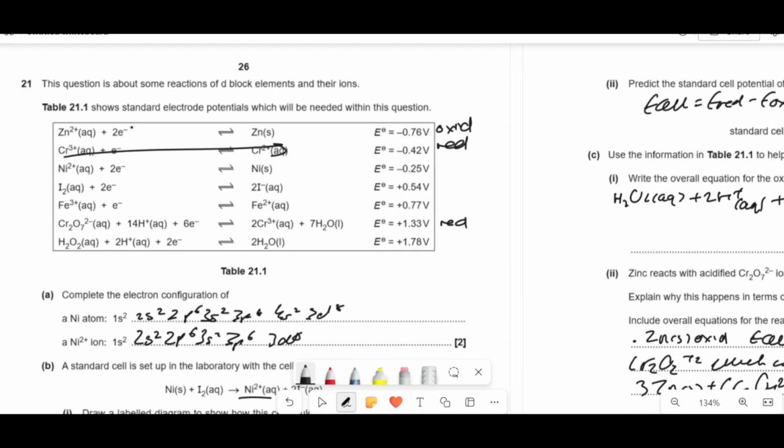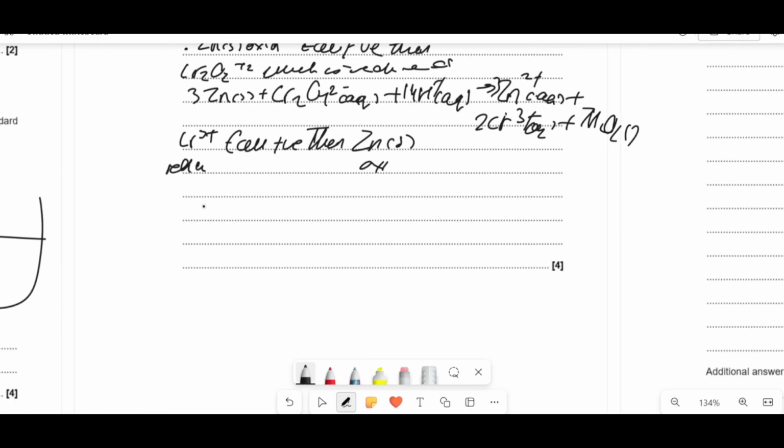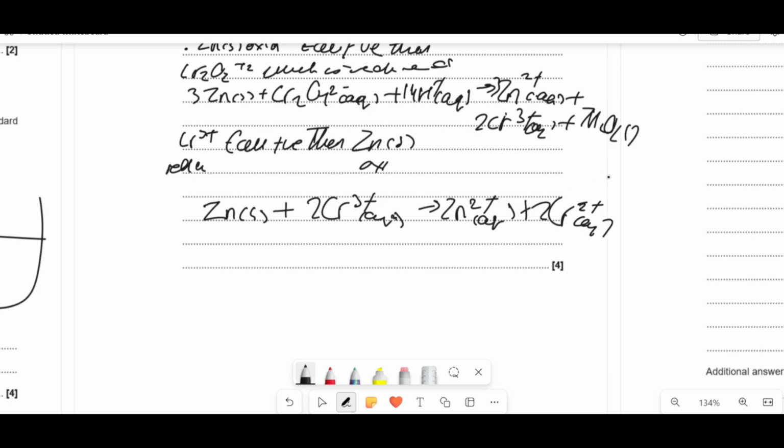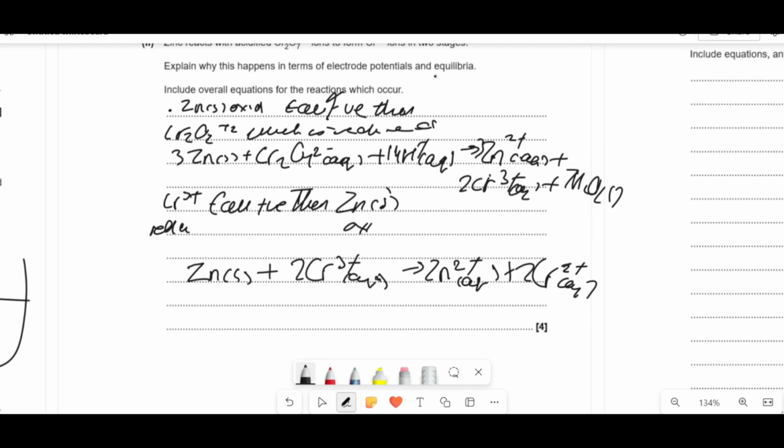There's 2 and 1, and 1 the other way around, in electrons, so we combine them and end up with Zn(s) + 2Cr3+(aq) becomes Zn2+(aq) + 2Cr2+(aq). And why does that happen? It's because we're saying that it shifts left. So what you would say in this case is that it's reduced because of whichever way around. In terms of equilibrium, it shifts left and right for the reduction and oxidation and so forth. But there you go.